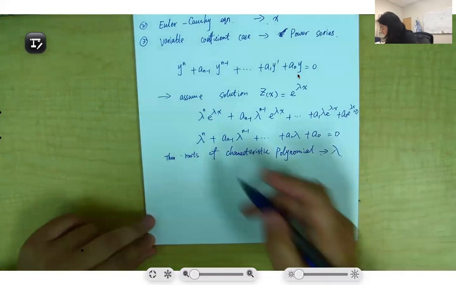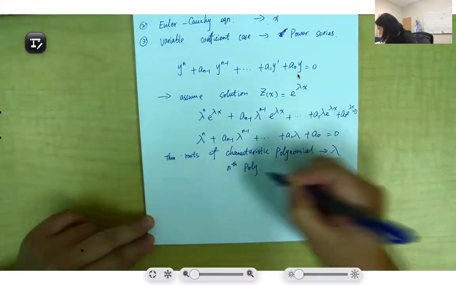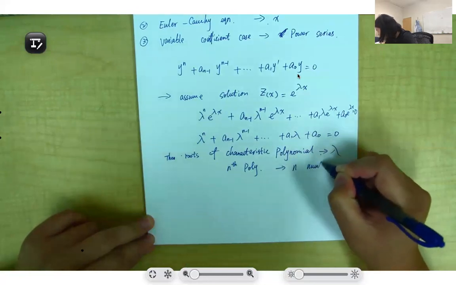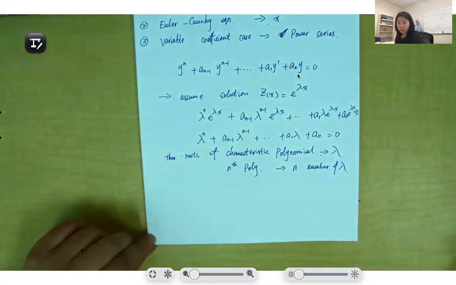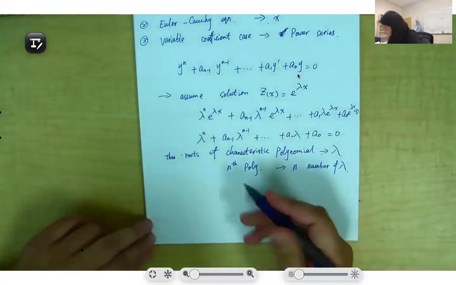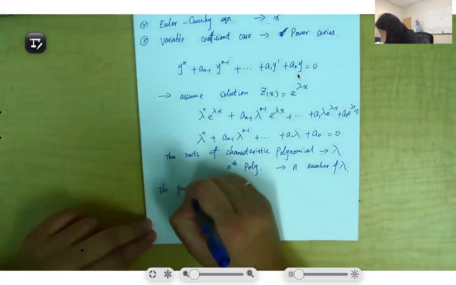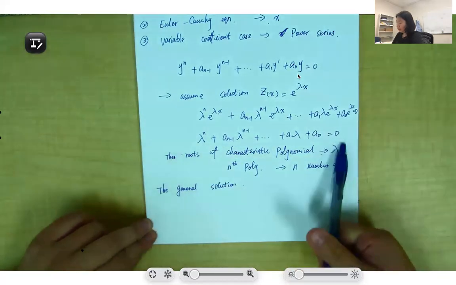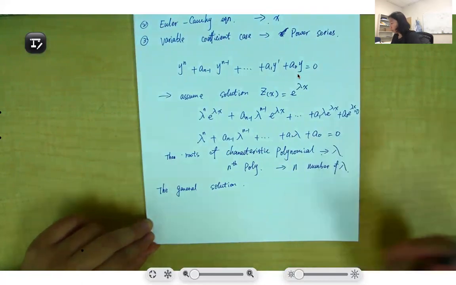Then for an nth order polynomial, you can get n lambdas. And when your forcing function is 0, the general solution is your homogeneous equation solution, right?